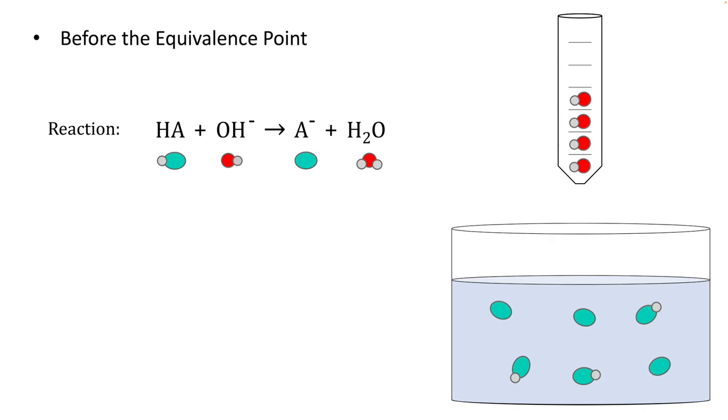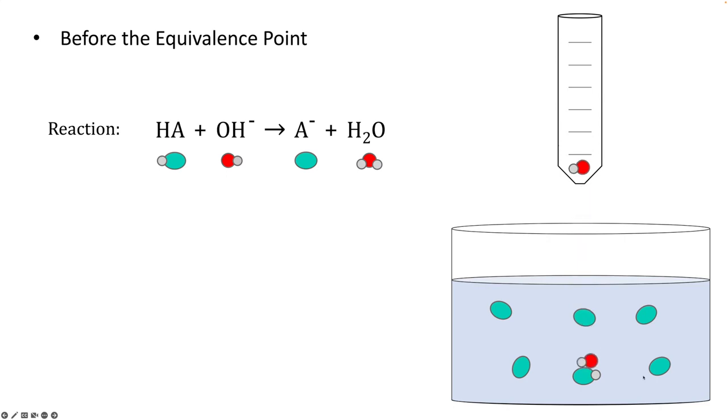In the region around here, we have significant amounts of HA and A-, so we have a buffer. As we keep going, we get less and less HA, more and more A-, and eventually we have so little HA compared to the amount of A- that we really don't have a buffer anymore, but we still have an acidic solution because we still have some HA.